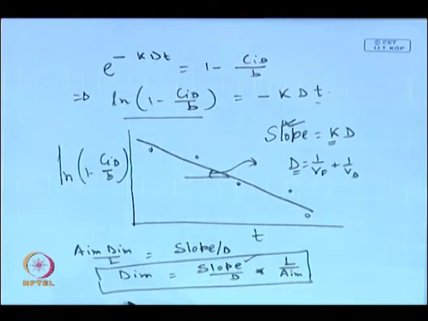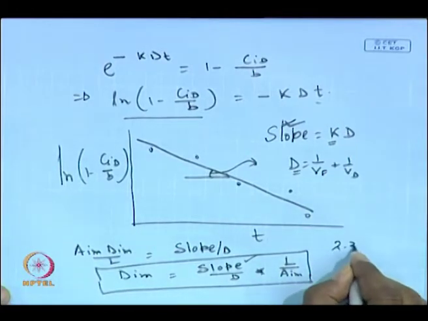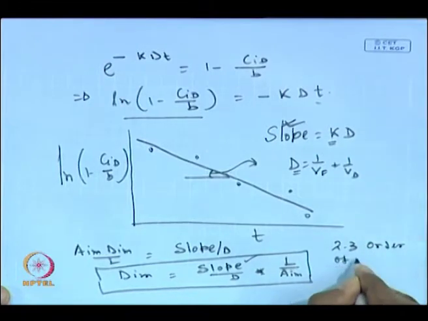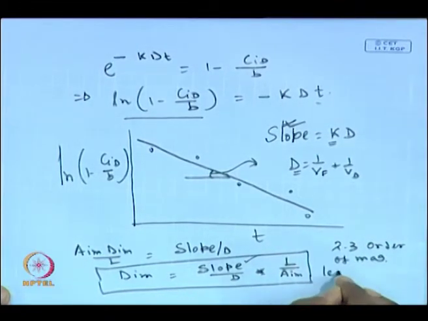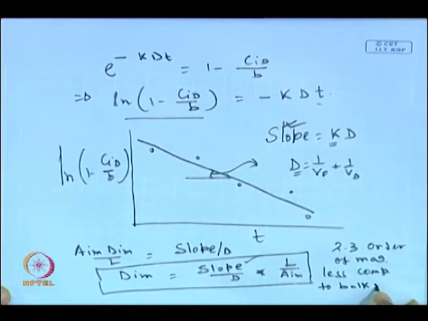And the check is, the bulk diffusivity is always known to you through some correlations or from the literature, and this diffusivity through the membrane, the porous membrane, will be around 2 to 3 orders of magnitude less compared to the bulk diffusivity.